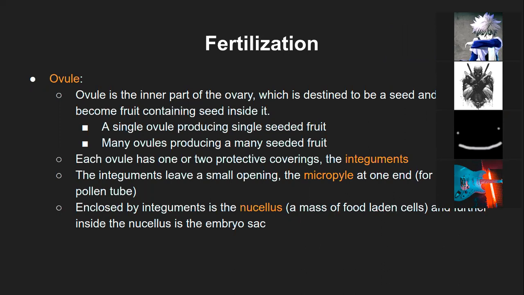Yeah, they're not individual fruits. Oh, okay. So cherry, yes, that red cherry, right? Lychee also. Jamun. Yeah. So all of these are a single ovule producing a single seeded fruit.